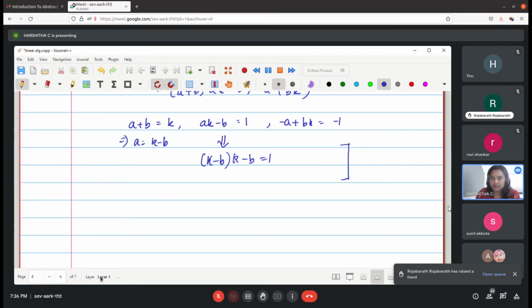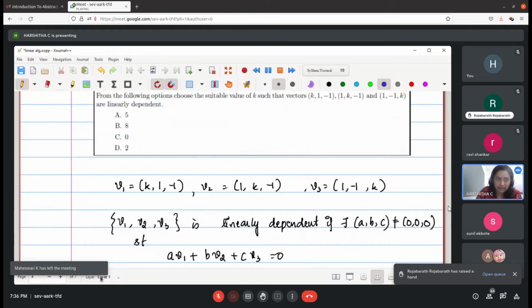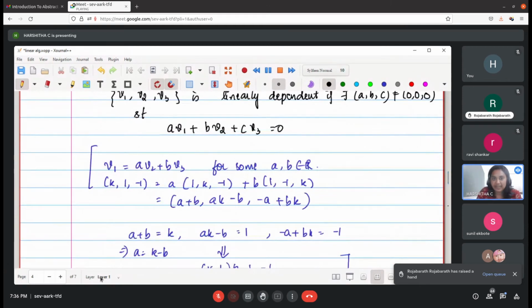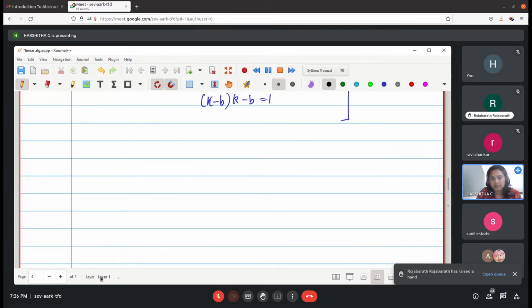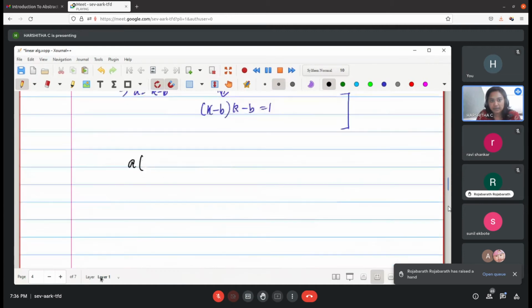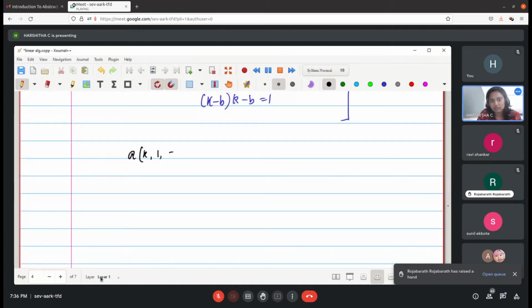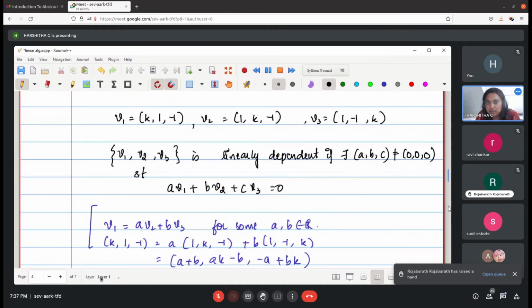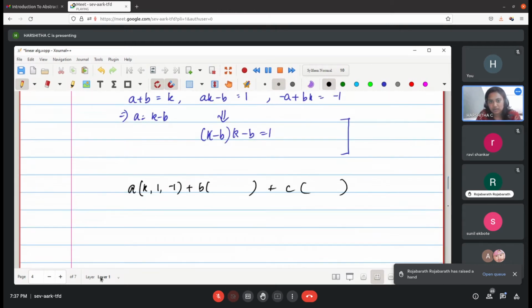The determinant one is probably a slightly easier one. So let's go back to that. We have AV1 plus BV2 plus CV3 equal to 0, right? So what does that mean? A times (K, 1, minus 1) plus B times (1, K, minus 1) plus C times (1, minus 1, K) equal to 0.